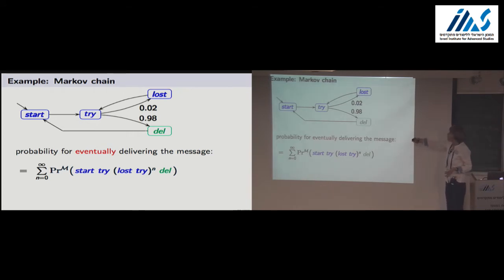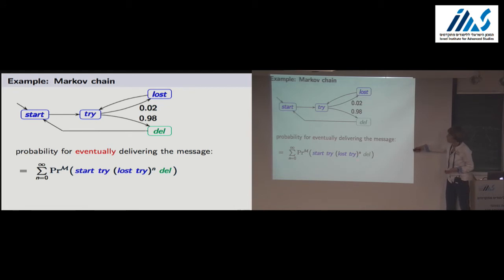Well, we start here, we go to trial, then we take this loop for a finite amount of time, let's say n times, and then we go to the delivered state. And the n can be any natural number. So here we have an infinite sum.